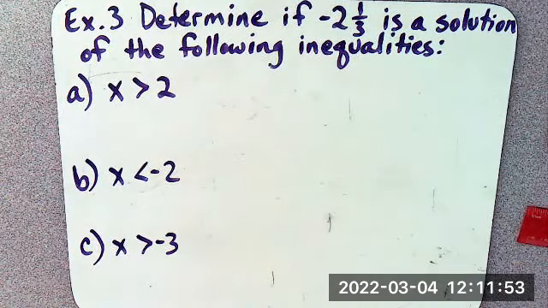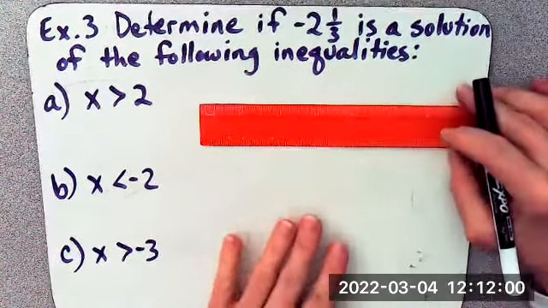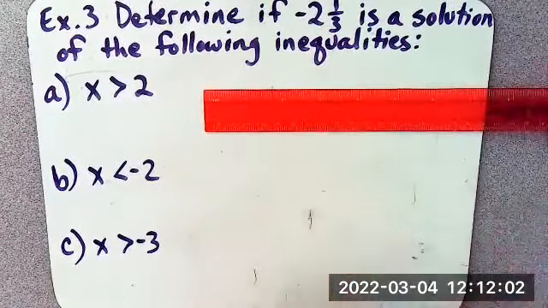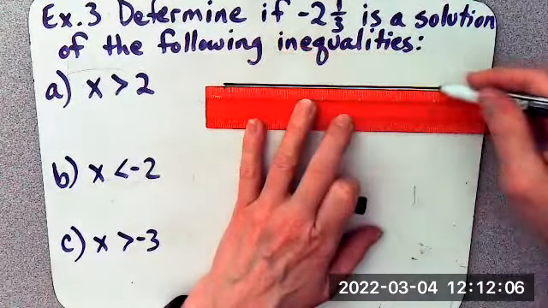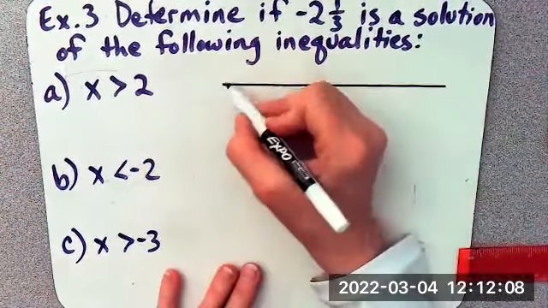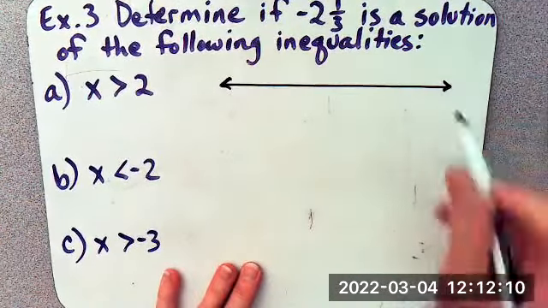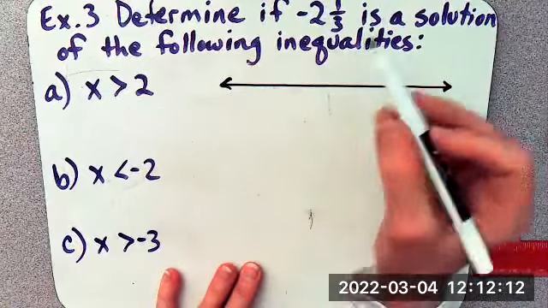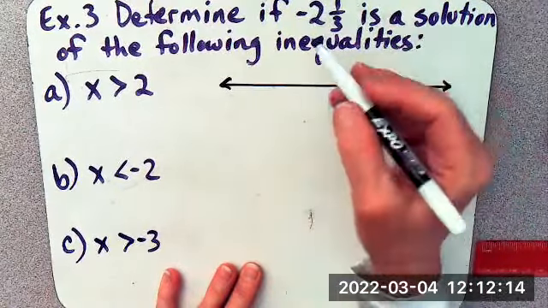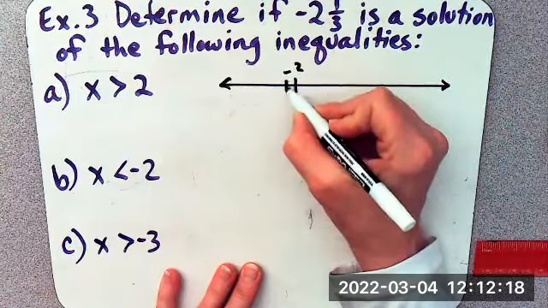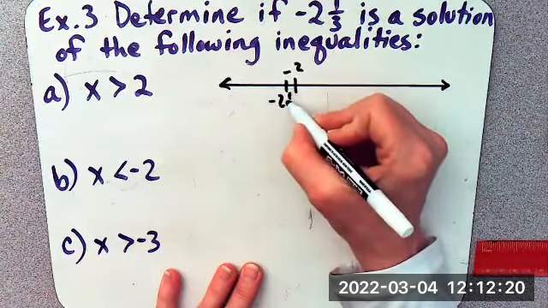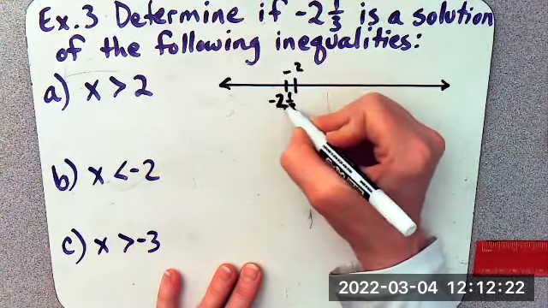All right, let's determine if -2 1/3 is a solution of these. So let's graph a few. I'm working with -2 1/3. So I have -2 and -2 1/3 just on this side.